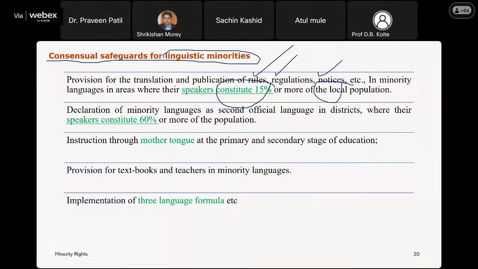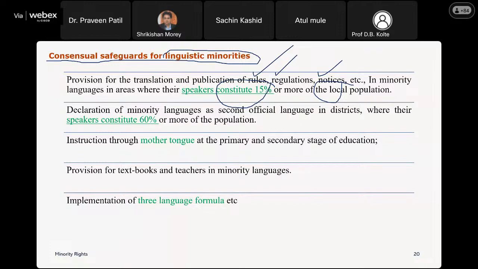The best example is, again, people from Belgaum. They constitute more than 15% as speakers of that language, and therefore they have demanded. In fact, a few of their demands were yielded to, but again, it's a matter of state policy.